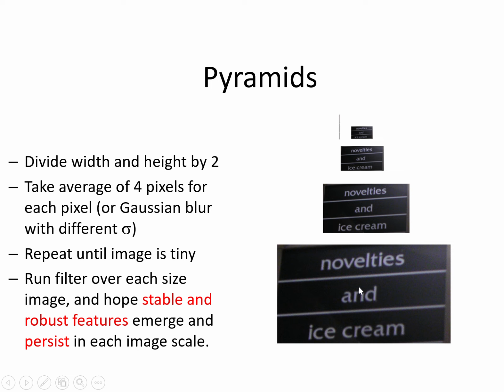Then it takes the average of 4 pixels for each pixel, like a Gaussian blur with a difference of sigma. We have to repeat this pyramid step until the image is tiny. Once it's tiny, we run the filter over each size of the images and hope stable and robust features emerge and persist in each image.